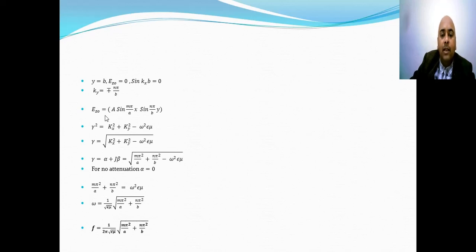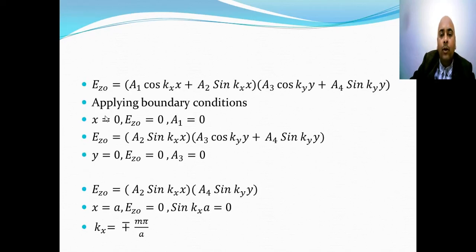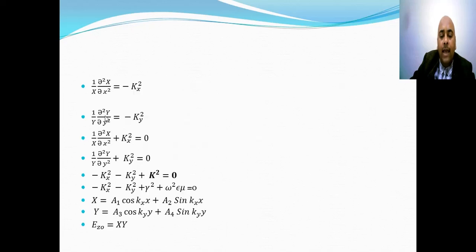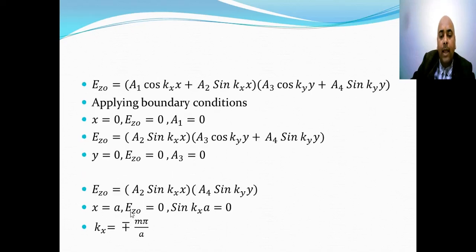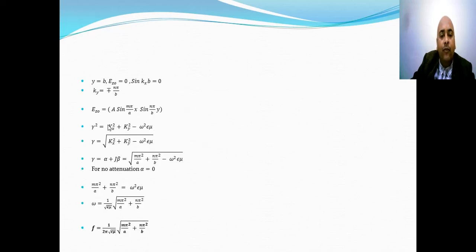So the general solution of Ez0, which was a function of x into y, and we have obtained the values of constants A1, A2, A3, A4. So the general solution of Ez0 is A sine of m pi by a into x into sine of n pi by b into y.